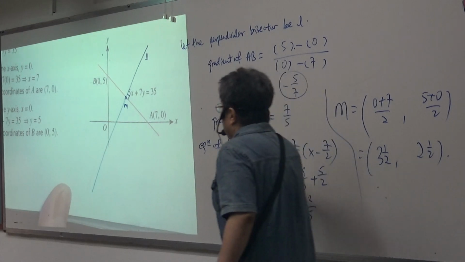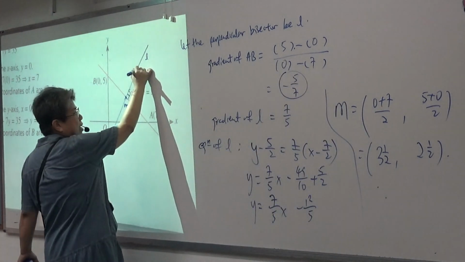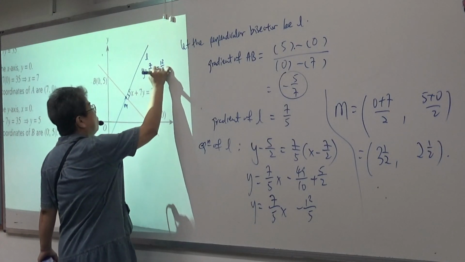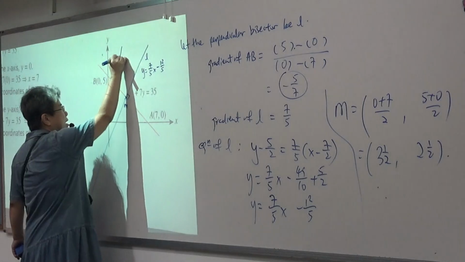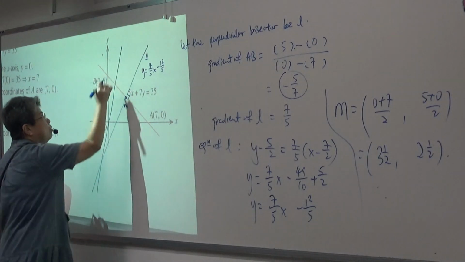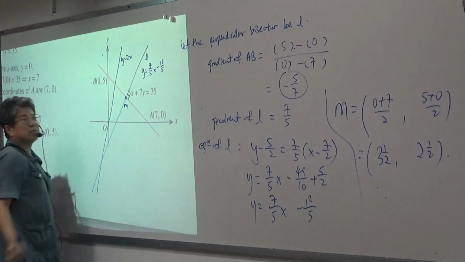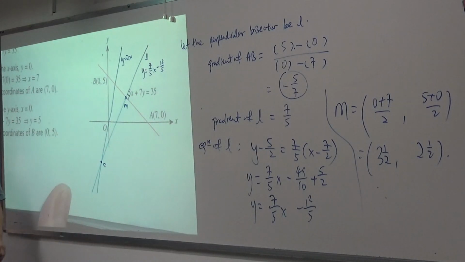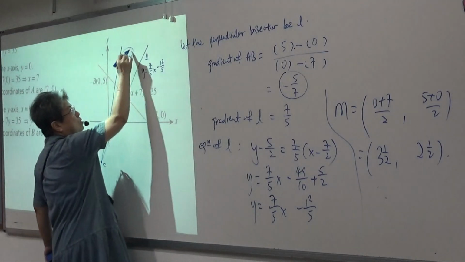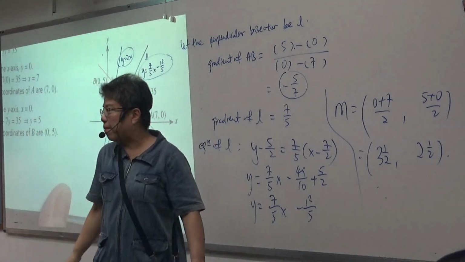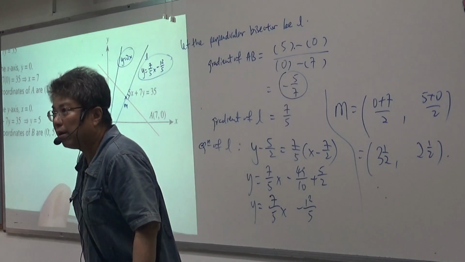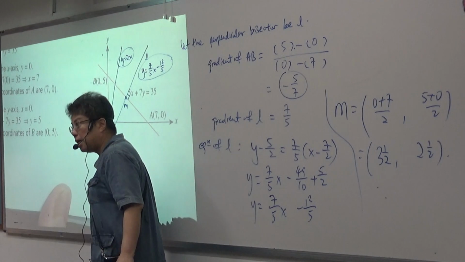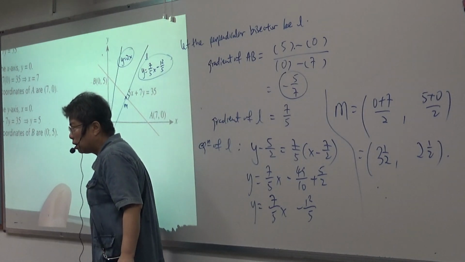Now I found that this line is y equals 7 over 5x minus 12 over 5. Now, there's another line, which is y equals 2x. And these two lines intersect at C. So I got to solve these two simultaneous equations, right? Then I can get C.